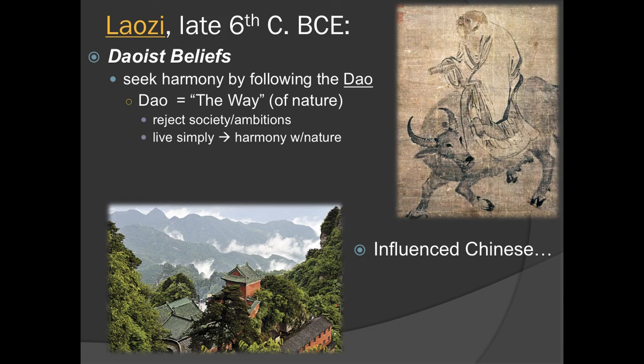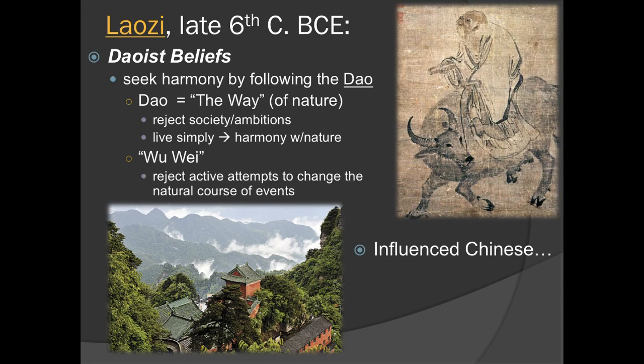The world will sort itself out, all right? So by just being, not doing, or practicing Wu Wei, by rejecting active attempts to change the natural course of things, we're just going to stress ourselves out. We're going to create chaos. It's not good for anybody, all right?